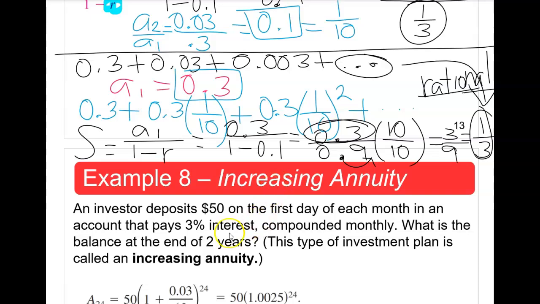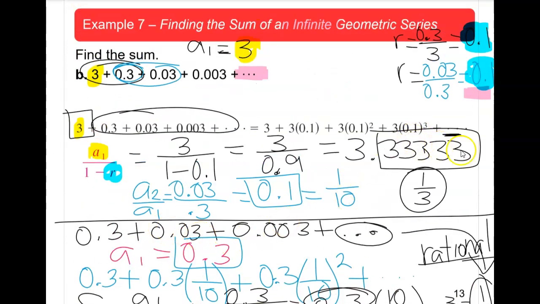So if, let's say, my WebAssign wants you to enter the exact answer for this question, then it will be 3 plus 1/3. Now, 3 in thirds is equivalent to, remember, if you wanted to have a 3 on the bottom, you have to multiply by 3 top and bottom of the fraction.